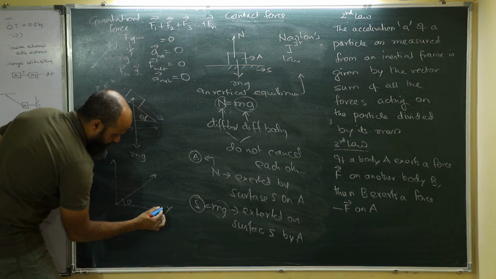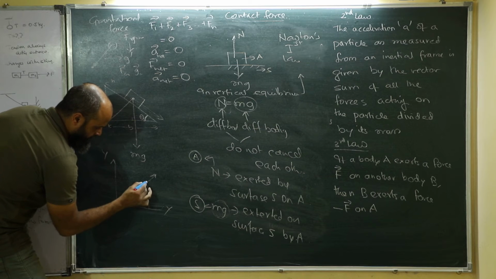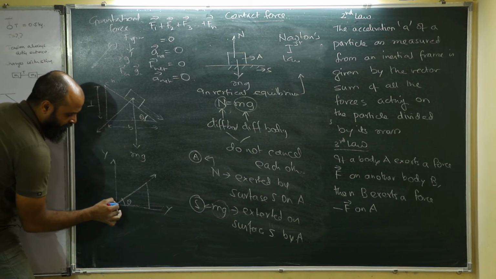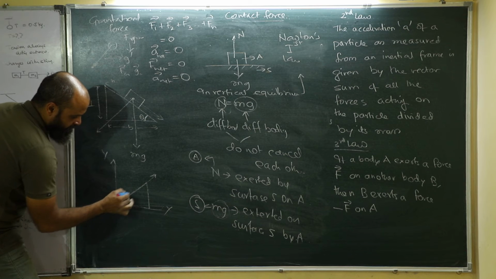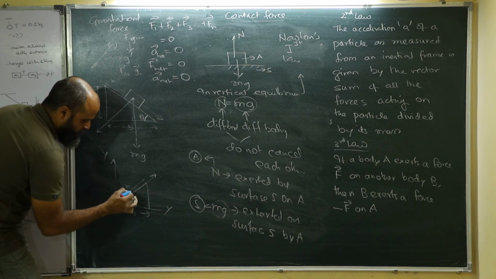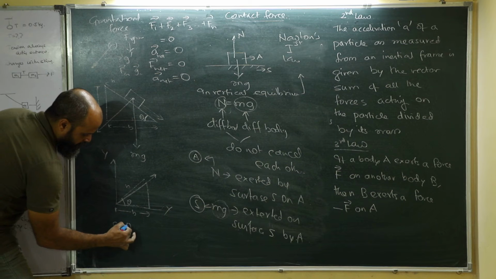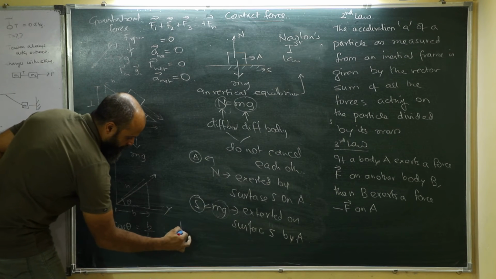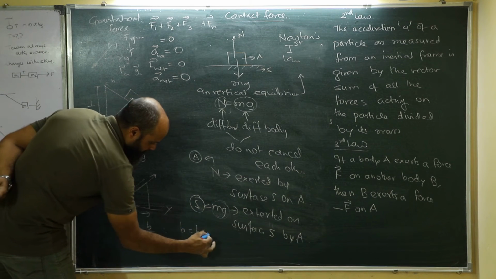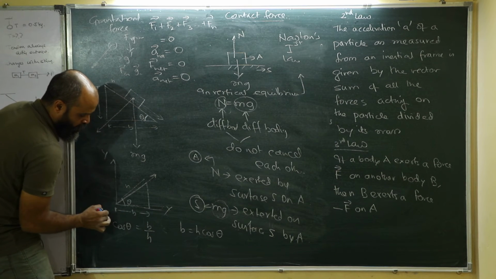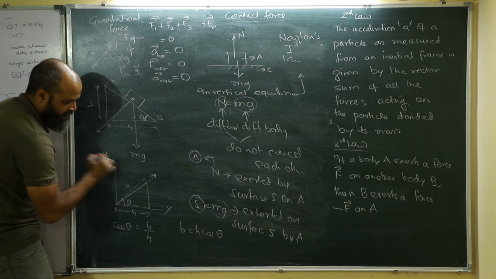Looking at the component of this force, this is the perpendicular direction, this is theta and this is the base. Cos theta is base upon hypotenuse, or we can say base is equal to h into cos theta.